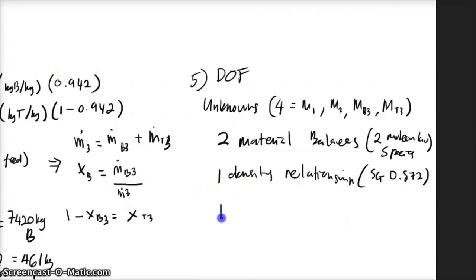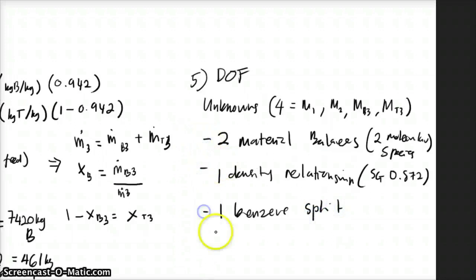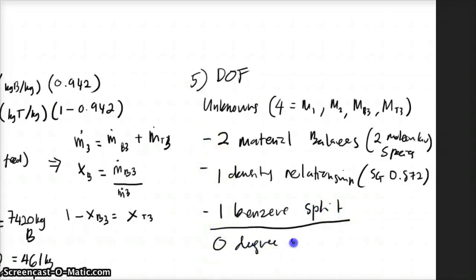So we have 1 benzene split. So minus this, all of it, and then in the end you get 0 degree of freedom. So hence, this problem is solvable.